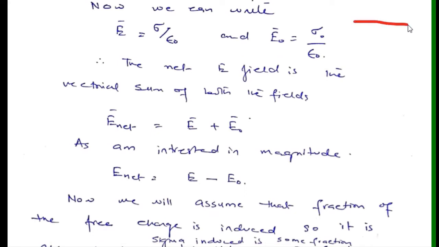We have a parallel plate capacitor in which this is positive, this is negative, and we have an induced layer of negative charge over here and an induced layer of positive charges over here.